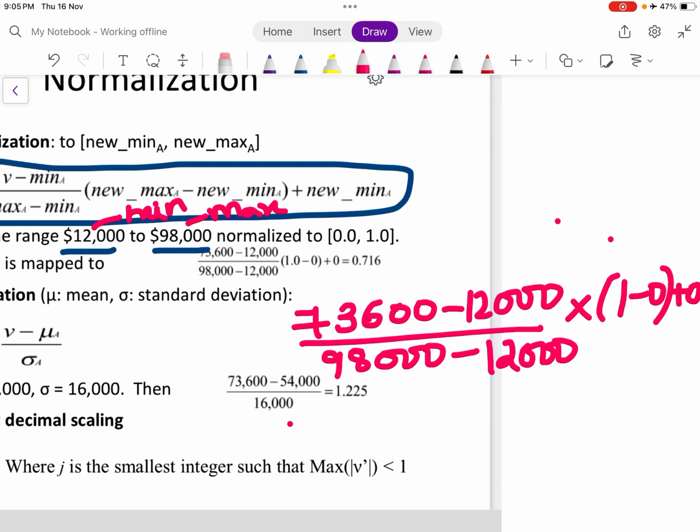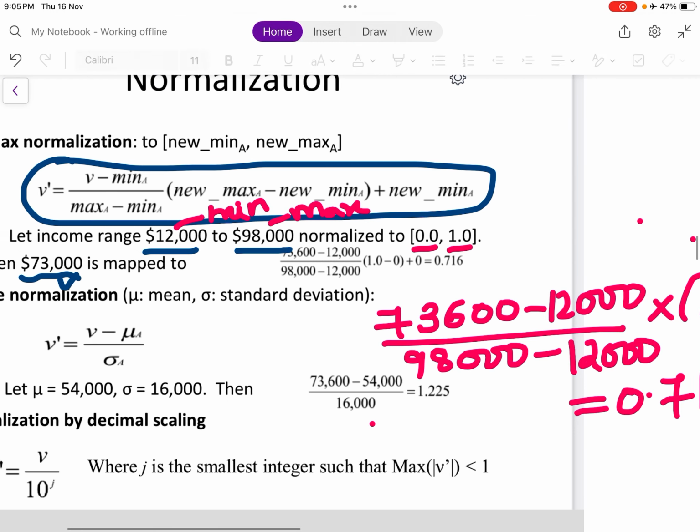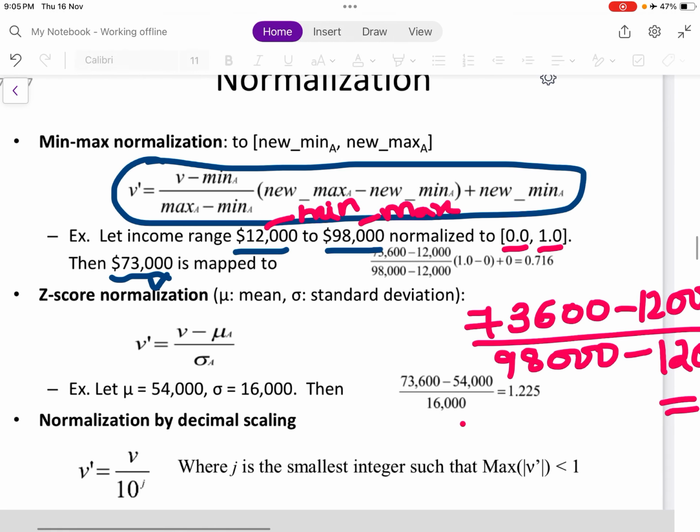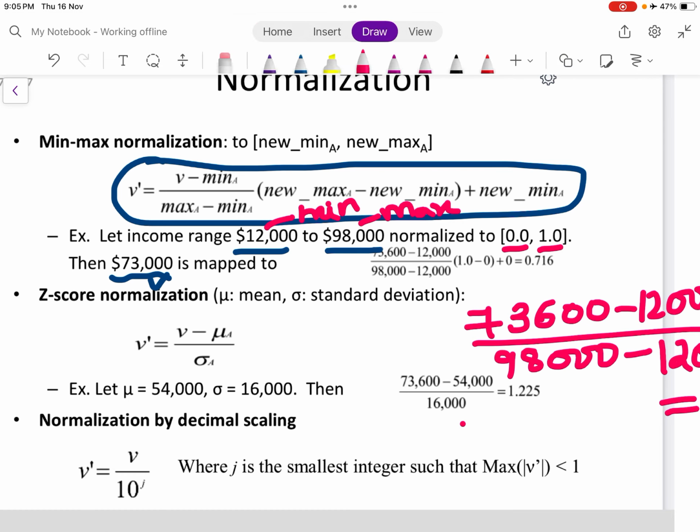Now new min is 0 and new max is 1, so you add plus 0. So you get the answer as 0.716.